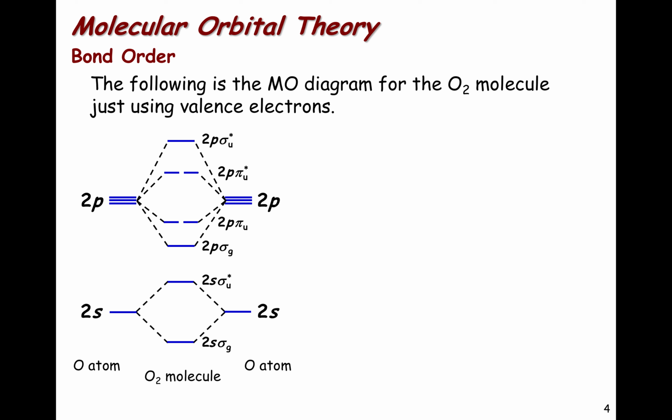You also have in this particular diagram the subscripts g and u. This has to do with the symmetry associated with these orbitals, which is not something that is totally necessary, but suffice to say that this is a more advanced topic.